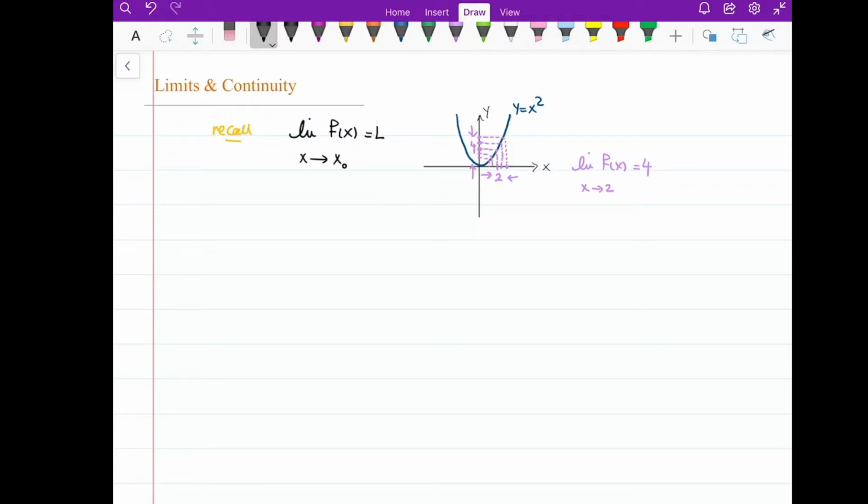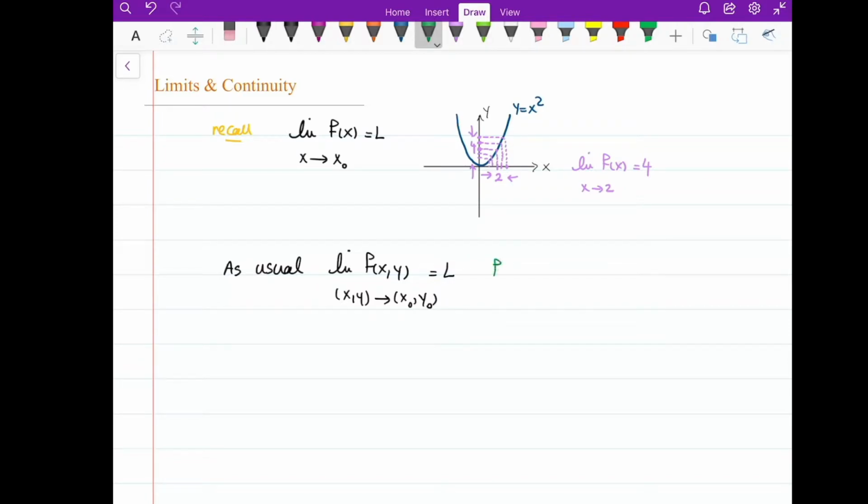This is a similar situation when we have a function of two variables. As usual, we write the limit of f of x and y as x and y, our variables, go to the point x naught, y naught, and we say that the limit is L if we have this.